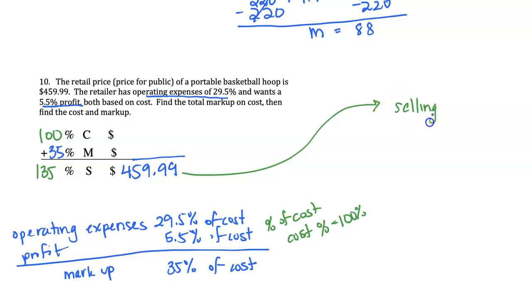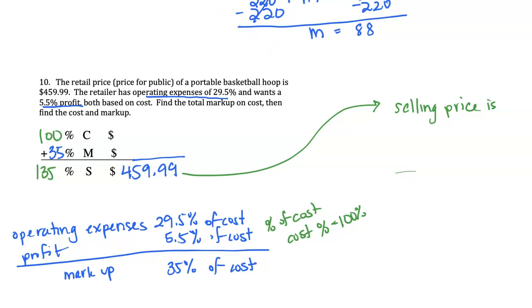Selling price is, I'm going to need a little bit more space here. Maybe I'll abbreviate S for selling price, is 135% of cost.